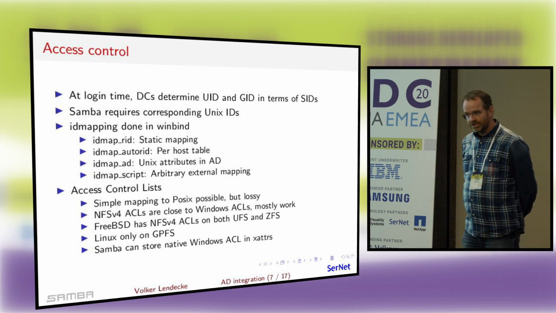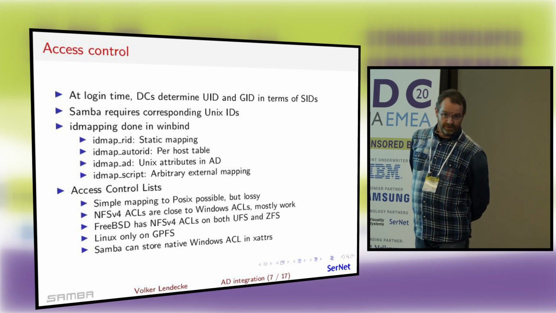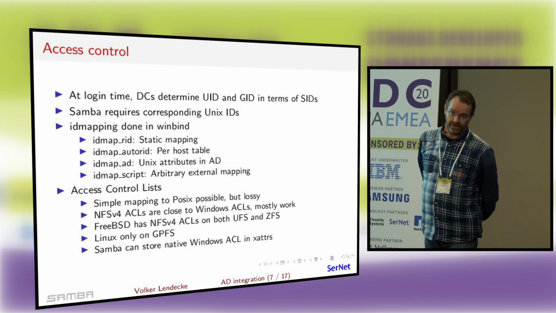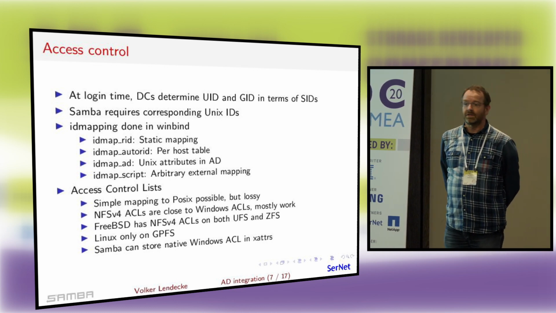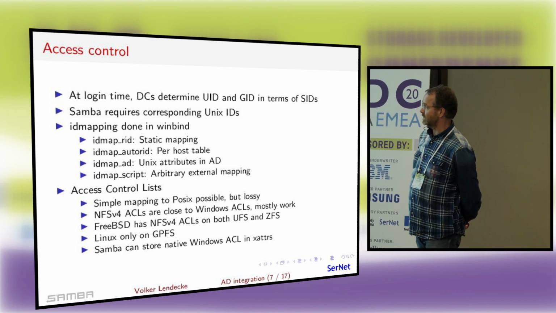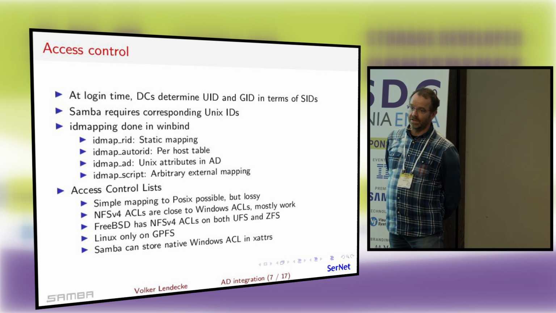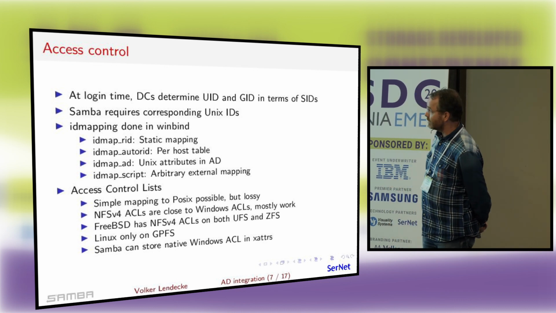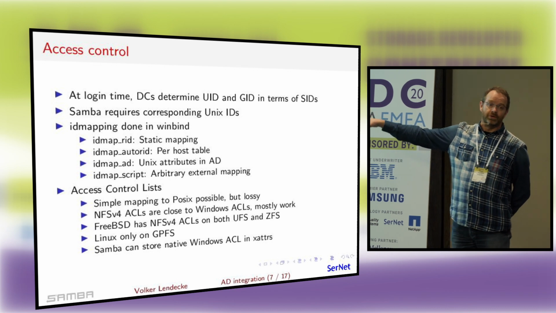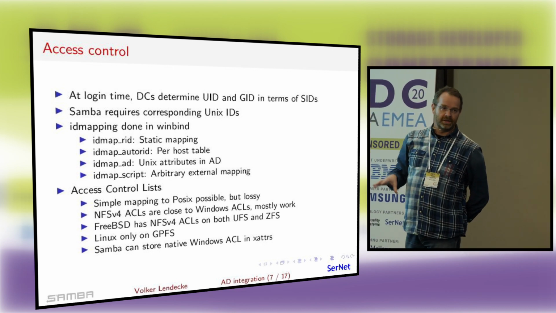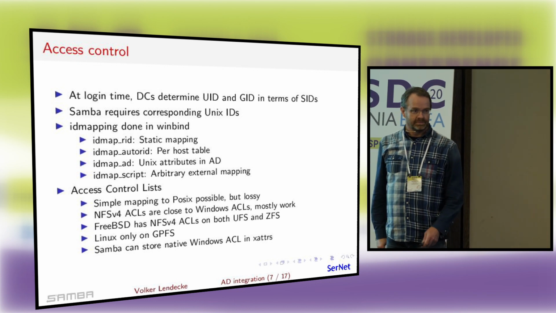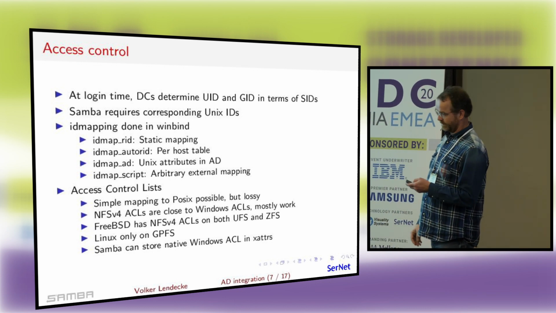But if you are a storage vendor with a file system of your own, please do NFSv4 ACLs or whatever is close enough to that, so that you can give a good ACL experience to your clients. If you don't have anything of that, we can store them on our own, but this will then break interoperability with your NFS and Linux clients. So, options there.